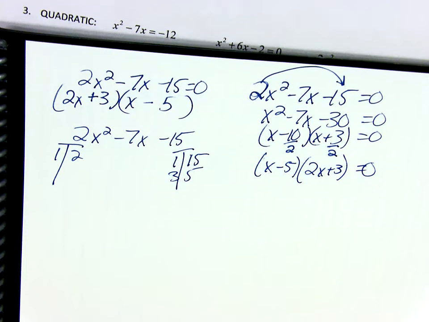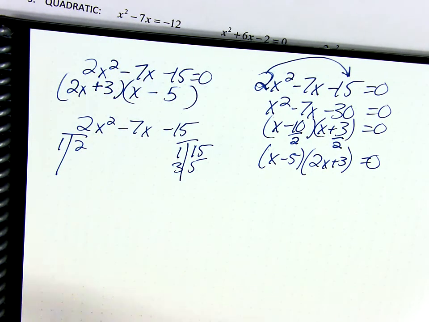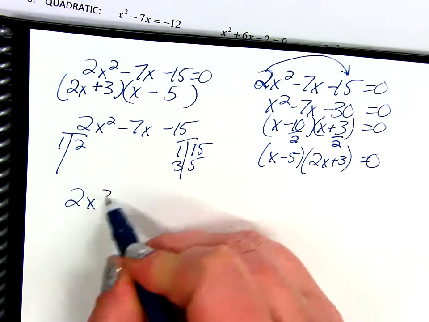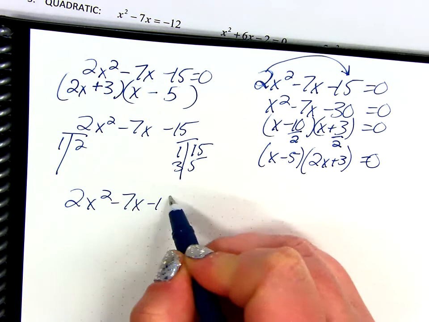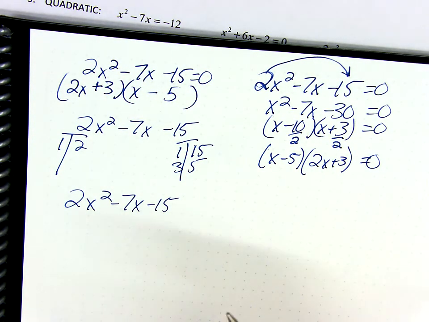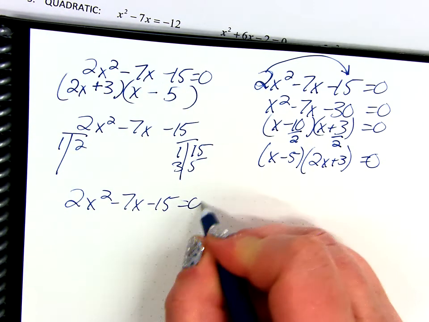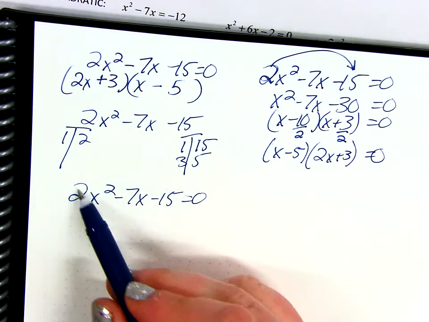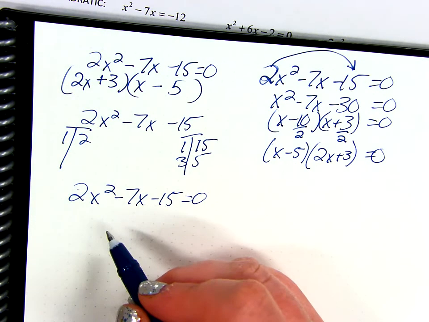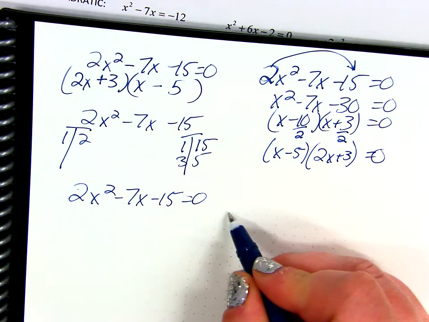There's also factoring by grouping. If you're going to factor by grouping, you still multiply a times c together first. And so that gets me negative 30.